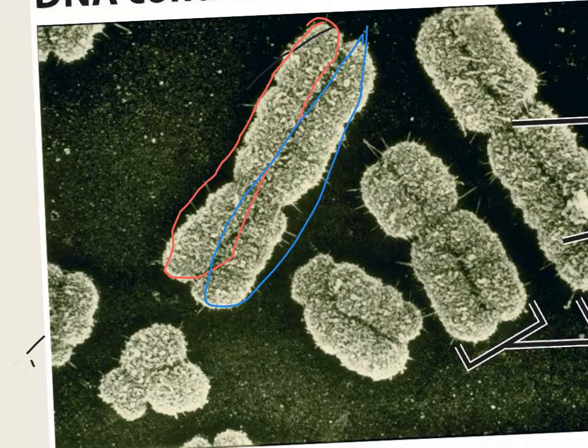One from mom, one from dad. The chromosomes have a long arm and a short arm, as you can see.